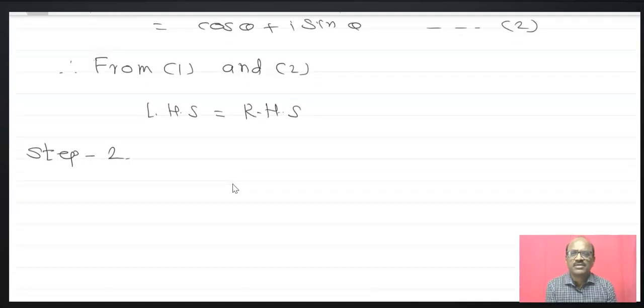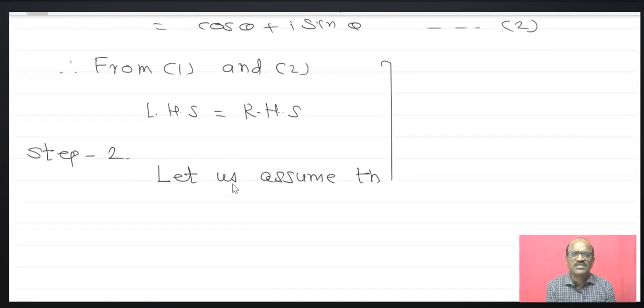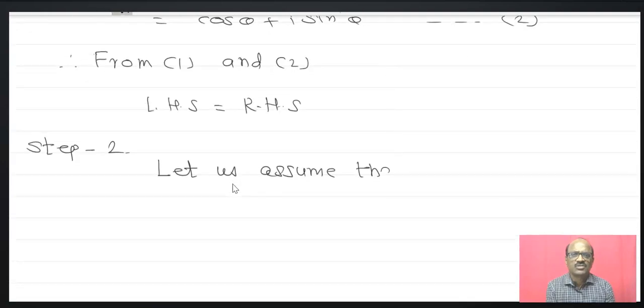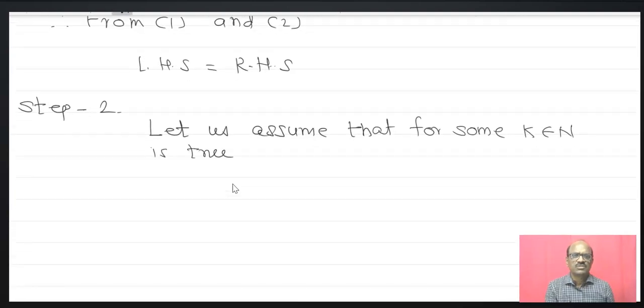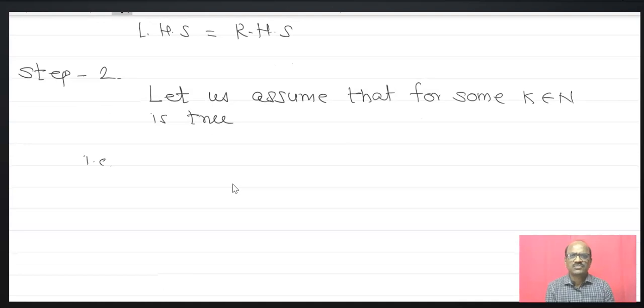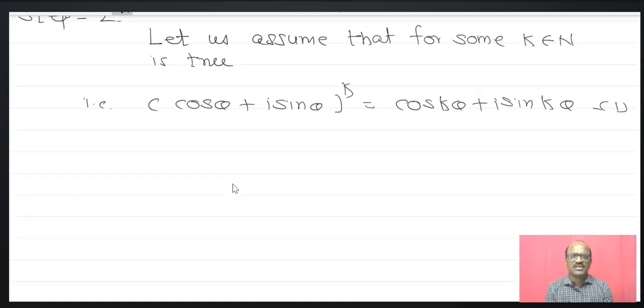Now the step number 2. Let us assume that the given result is true for n equals k, for some small k belonging to the capital N. That is, (cos theta + i sin theta) raised to k is equal to cos of k theta plus i sin of k theta.